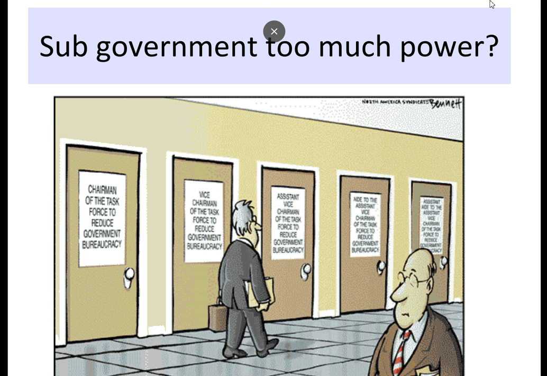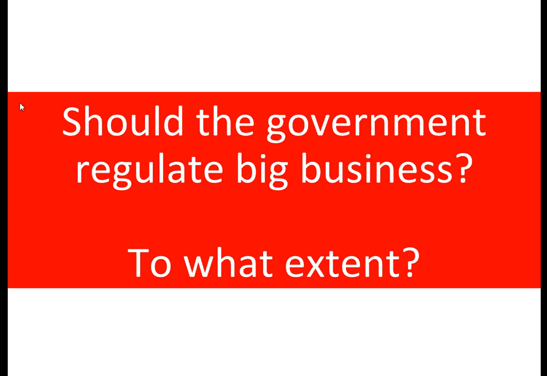So people begin to wonder, and this comes back to our bureaucratic theory of how our government works and how our democracy works: have we put too much power in the hands of people who are not elected and can sometimes operate with very little oversight? That's a question to consider.